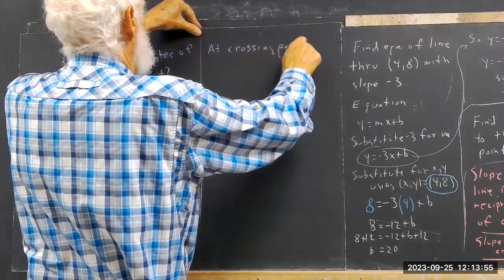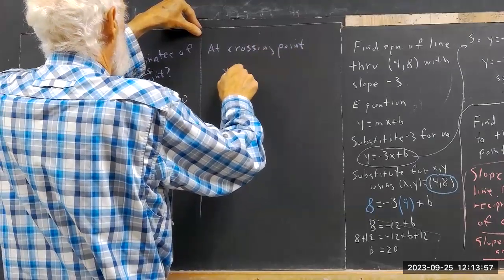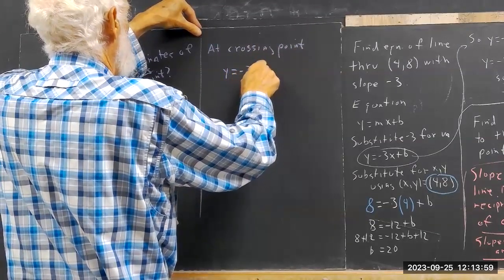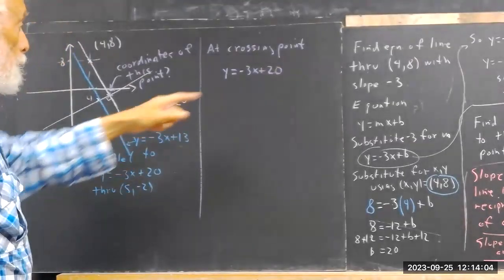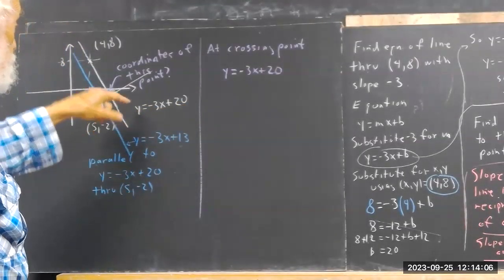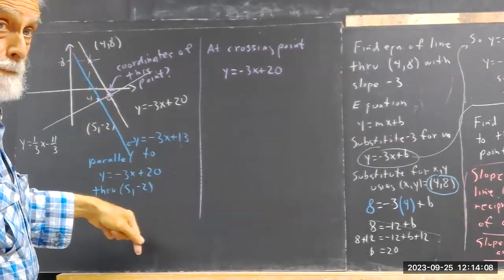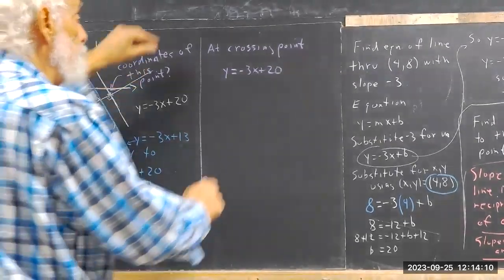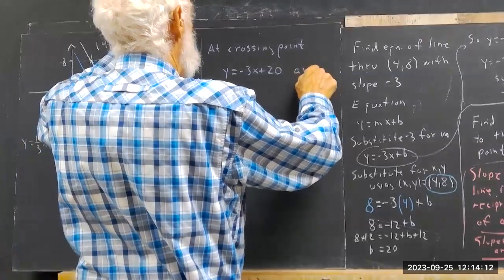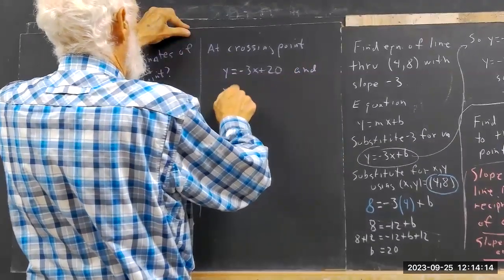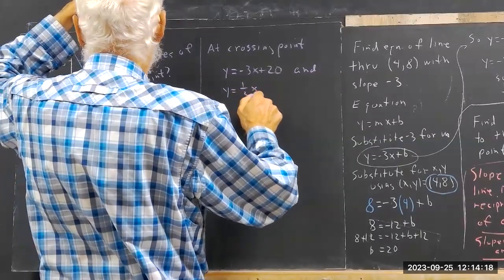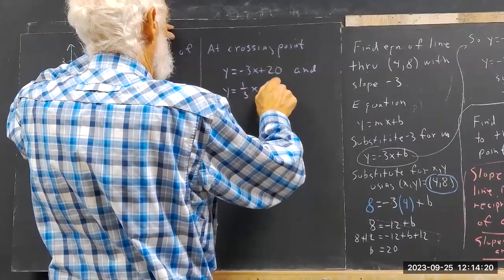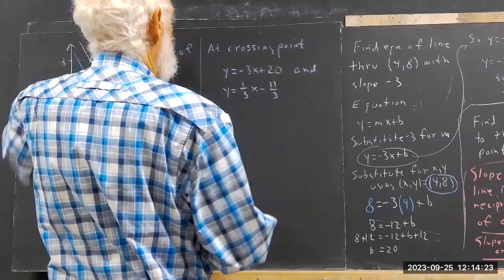At the crossing point, y equals -3x plus 20. Whatever the coordinates of this point are, they have to satisfy this equation. And y equals 1/3 x minus 11/3.